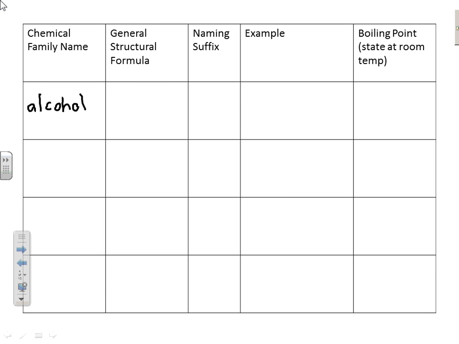Alcohol, all right? And the alcohol, the general structural formula, is going to be R with an OH. So you need to see an OH on the side of it.